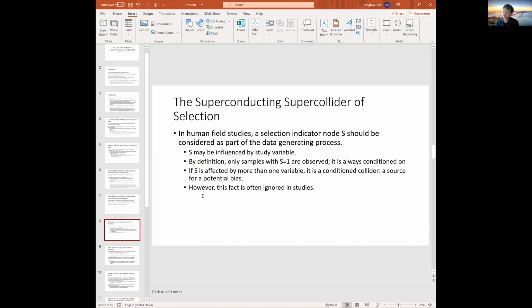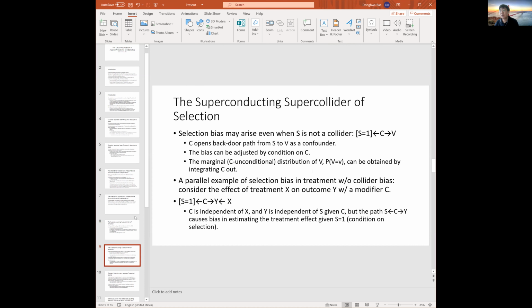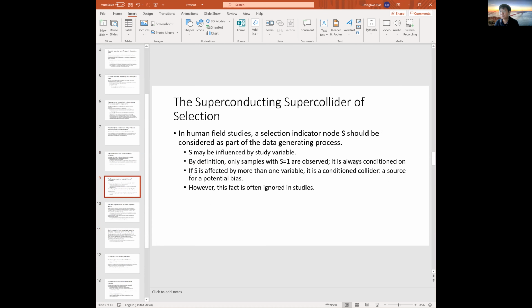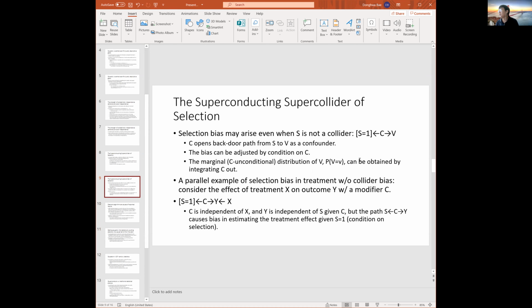However, this effect is often ignored in the studies. That is what the author says. And furthermore, selection bias may arise even when S is not a collider.